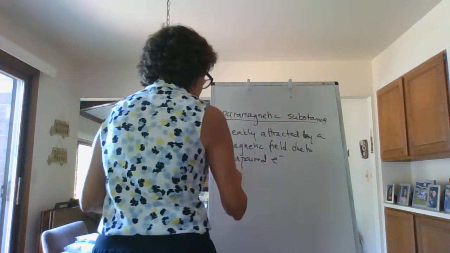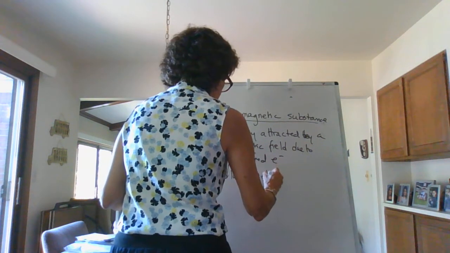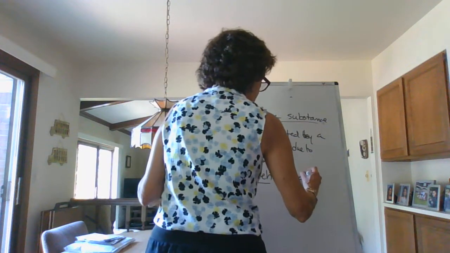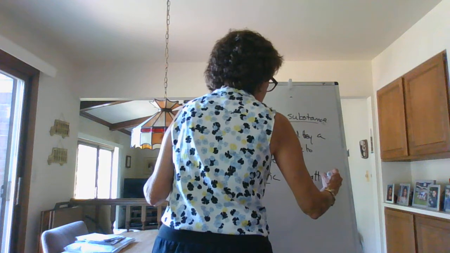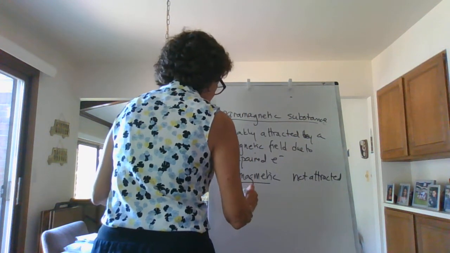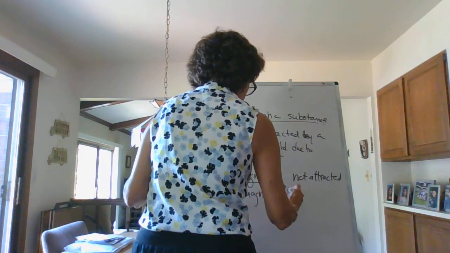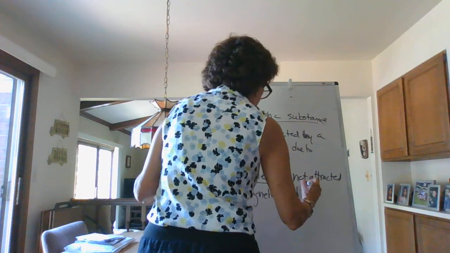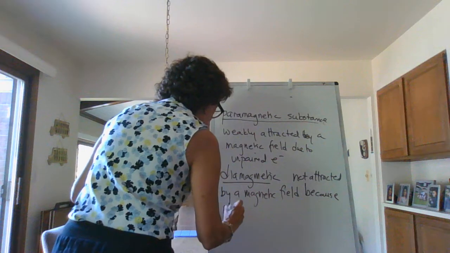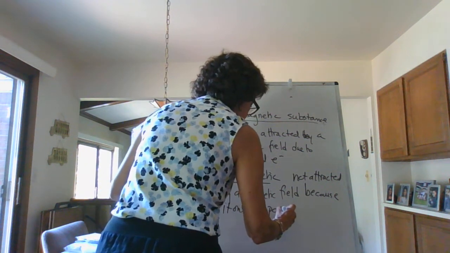The other term you need to know is diamagnetic. A diamagnetic substance is not attracted by a magnetic field because it only has paired electrons.